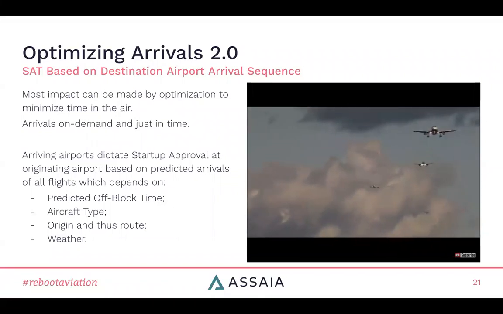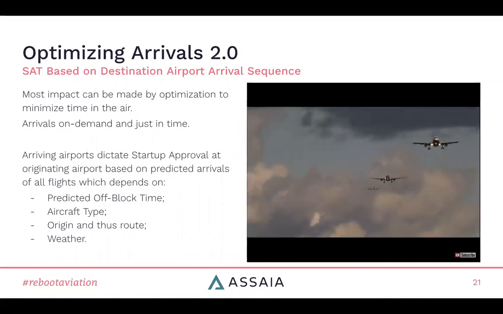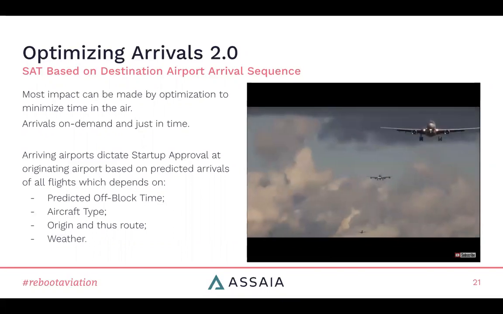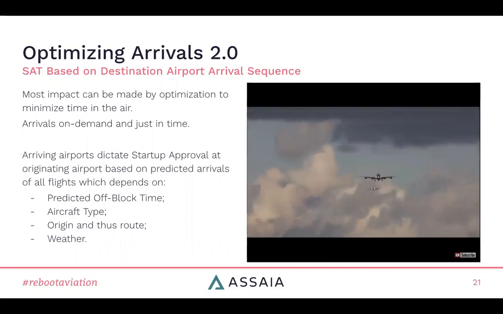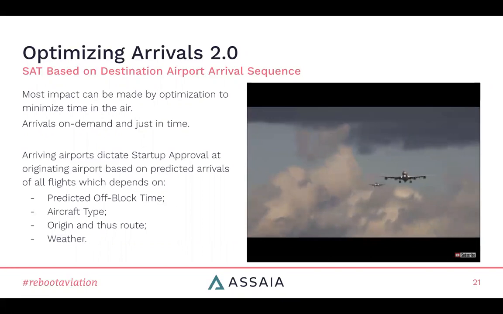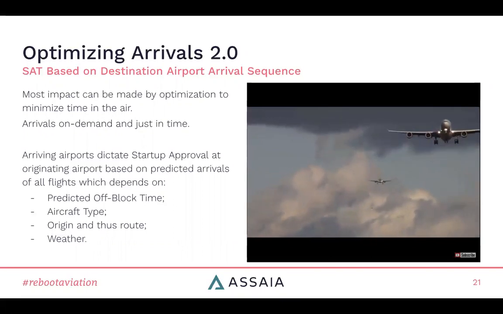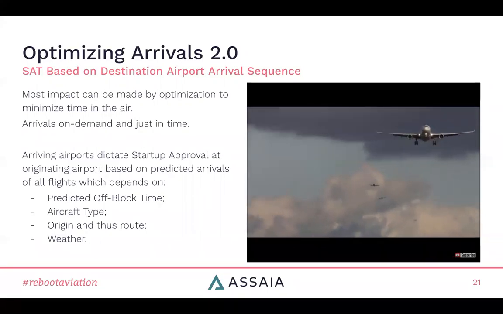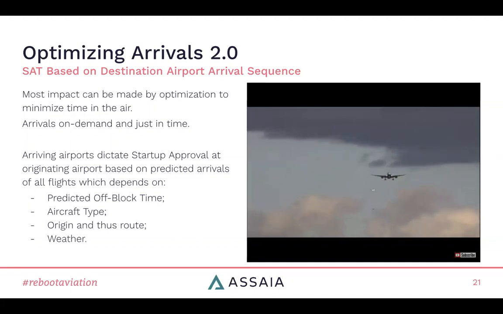Again, building this virtual queue, which does not require any physical holding of the aircraft in the air, but basically a virtual queue which makes each aircraft arrive sort of on demand and just in time. However, this entire exercise, again, depends on when an aircraft is actually ready, the target off-block time, as that is exactly the kind of information that the network planner takes into account to calculate when the aircraft could take off and actually arrive at the airport.